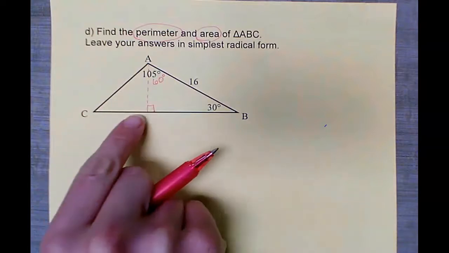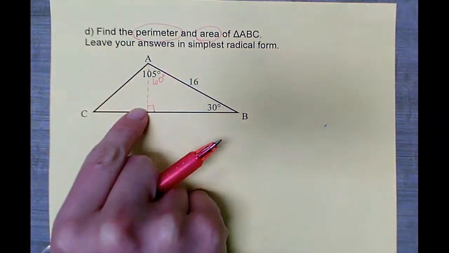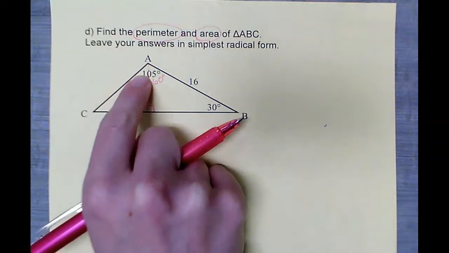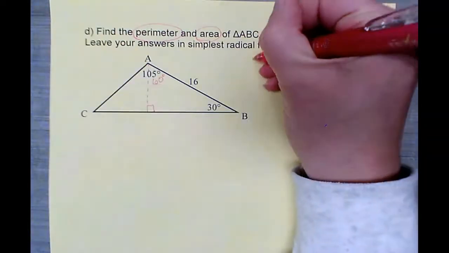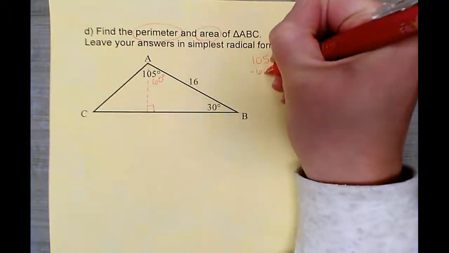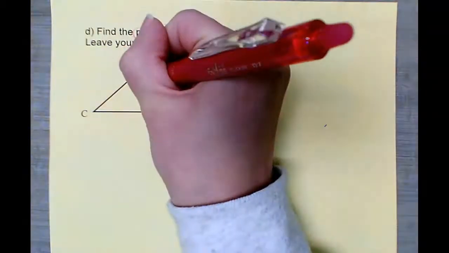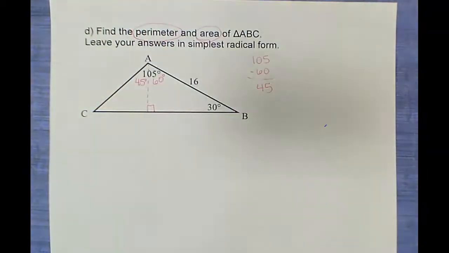Now, this is also 90 degrees. This angle measure right here is whatever 105 minus 60 is. So 105 degrees minus 60 degrees gives me 45 degrees. So this angle measure must be 45 degrees. And coincidentally, we're familiar with that.